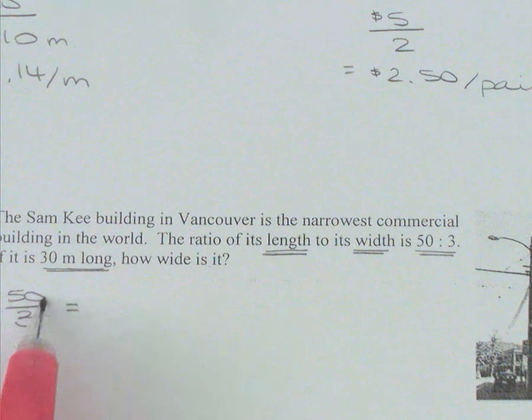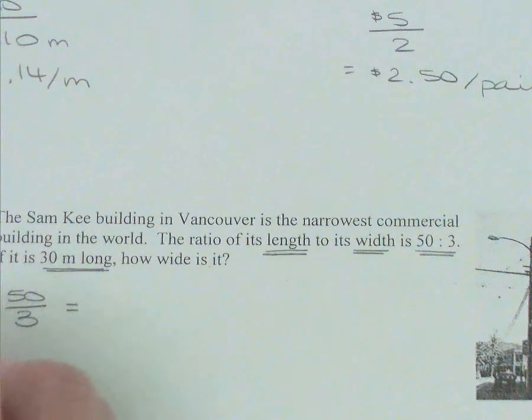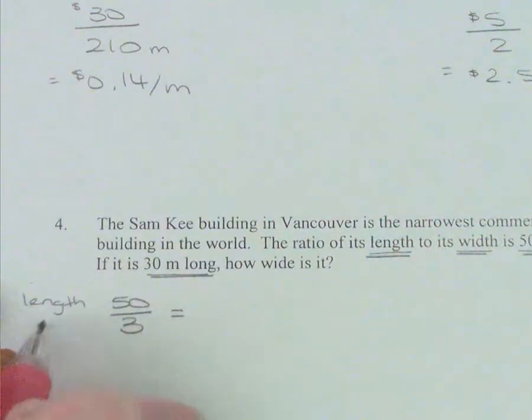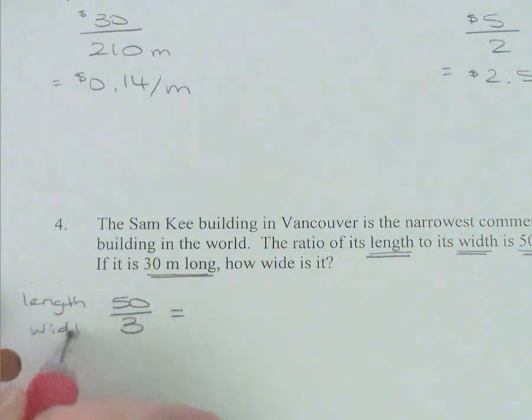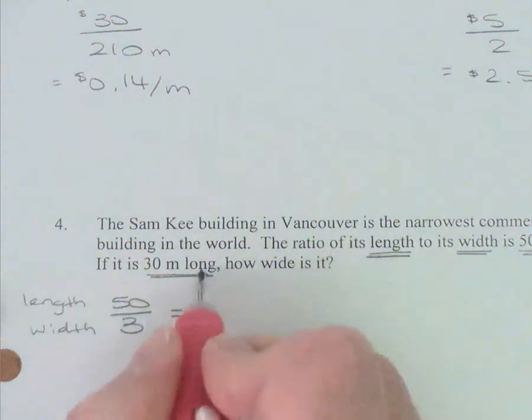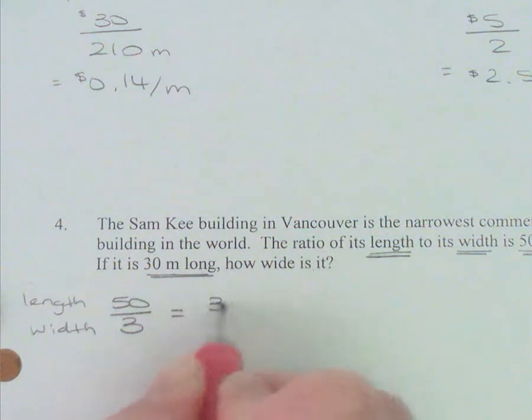So this is the length. And this is the width. So I know it's normally 30 meters long. I want to know how wide it is. So I'm using x to represent the width.